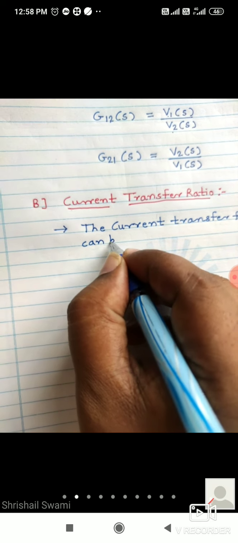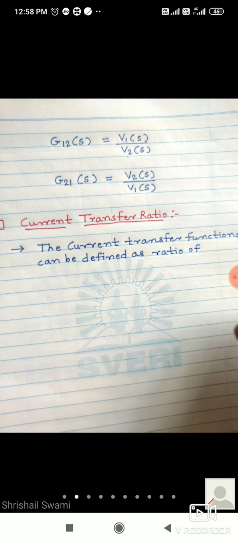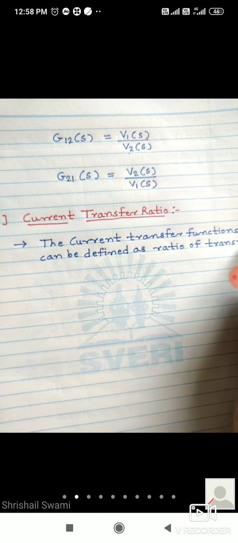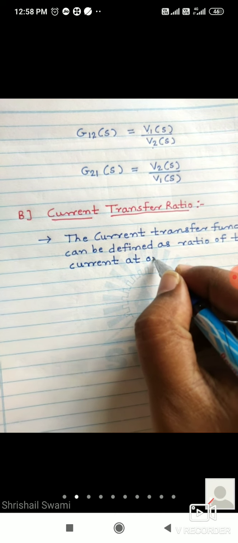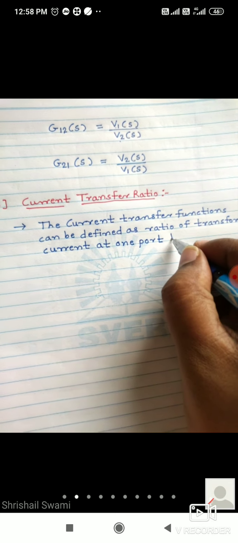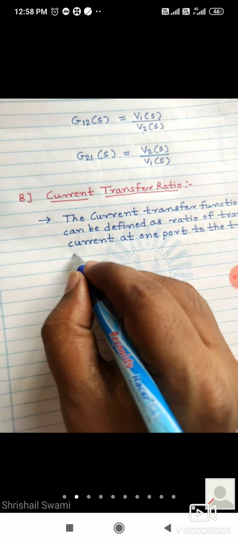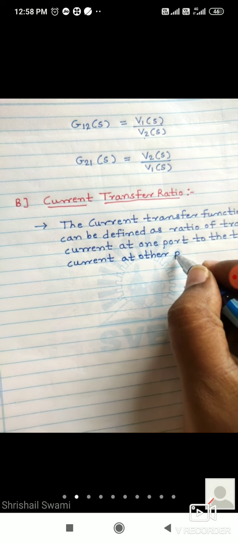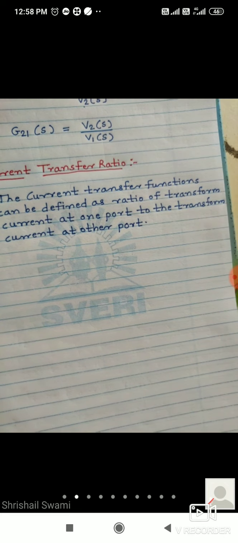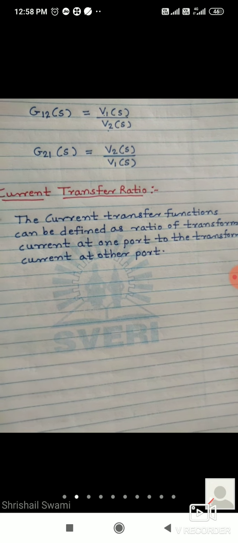You can say the current transfer functions can be defined as ratio of transform current at one port to the transform current at other port.